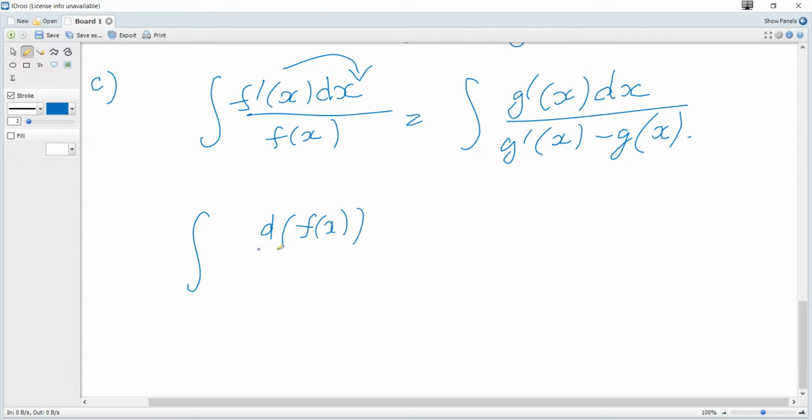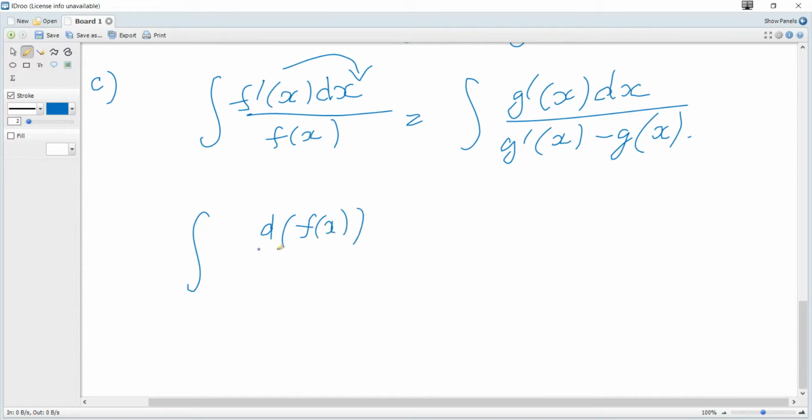If it's difficult, you may apply substitution u as usual, and we can choose f of x to be u. So let u be f of x, then as usual du over dx is just the derivative of f, because f depends on x, so du over dx is just f prime of x, and then dx is du over f prime of x.